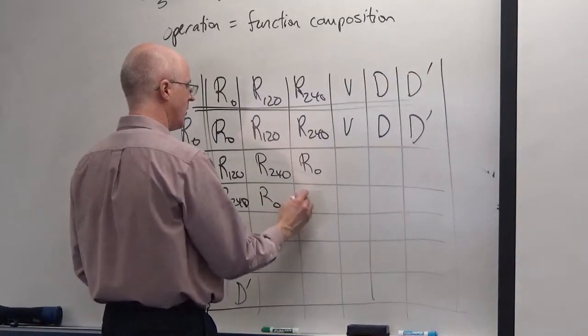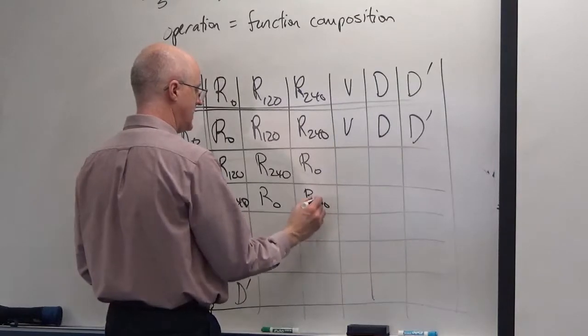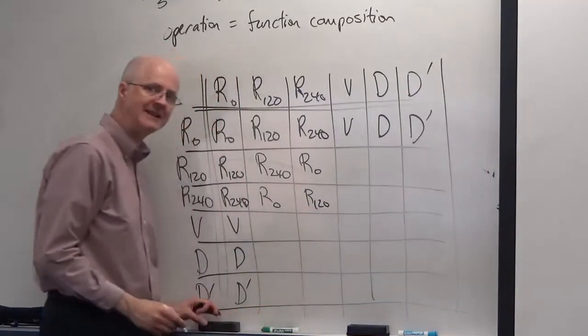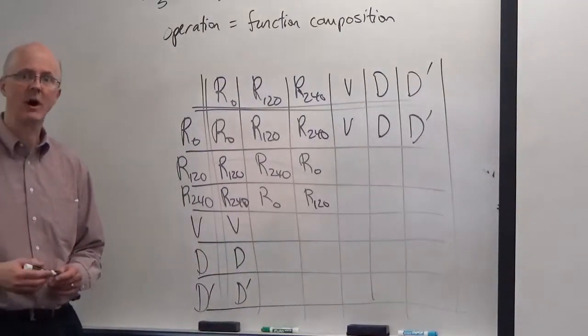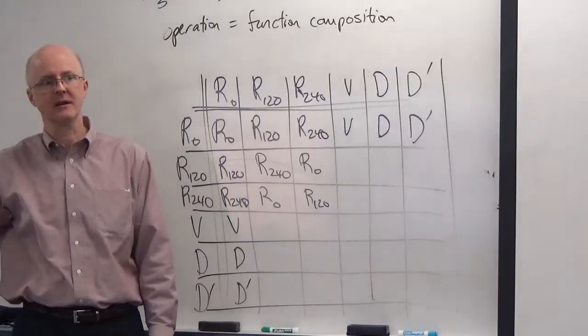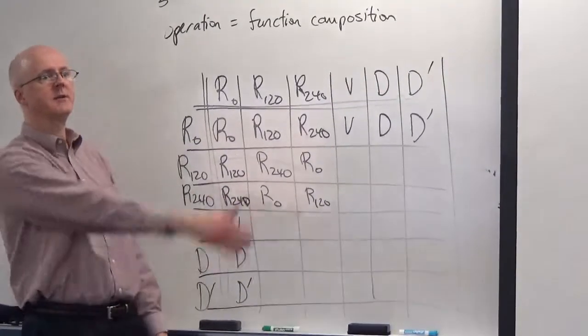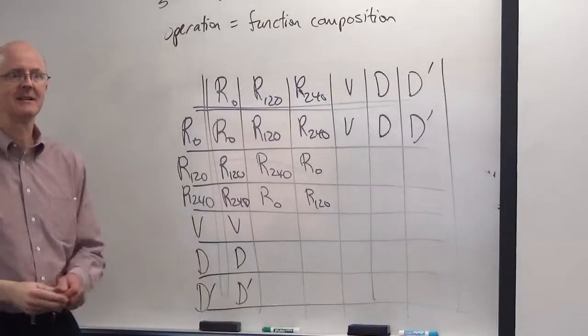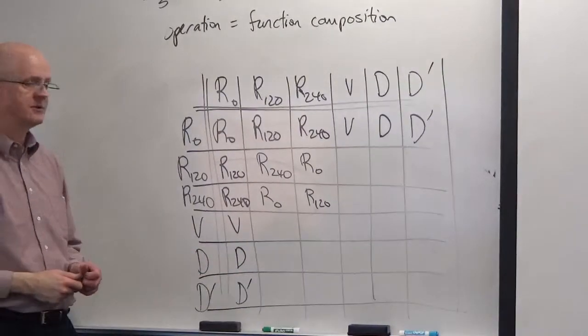And if you do two 240 degree rotations, it's the same geometric effect in the end as doing just one 120 degree rotation. 240 degrees brings you to here. Then if you do another 240 degrees, it brings you back over here. Same end effect as just doing a single 120 degree rotation.